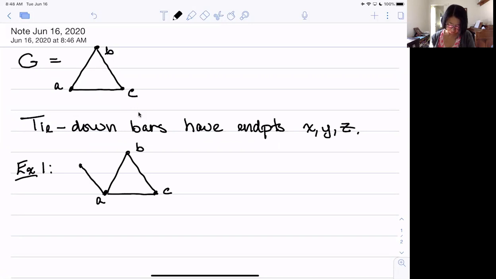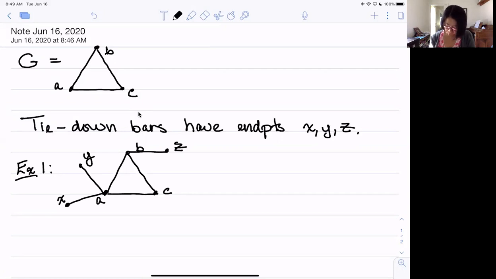So maybe I'll put the X and Y tie down bars at A and the Z tie down bar at B. Now I have to orient this graph in such a way that every tie down bar is oriented away from the original graph, and every vertex in the original graph has out degree 2.